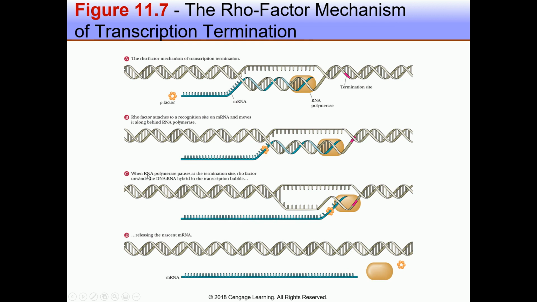When RNA polymerase pauses at the termination site, so this is the termination site which this RNA polymerase will recognize, once that happens, the rho factor unwinds the DNA-RNA hybrid in the transcription bubble. So when RNA polymerase reaches this termination sequence in the DNA, at that point this rho protein is going to go and unwind the DNA and the RNA hybrid, and that separates the DNA from the mRNA.